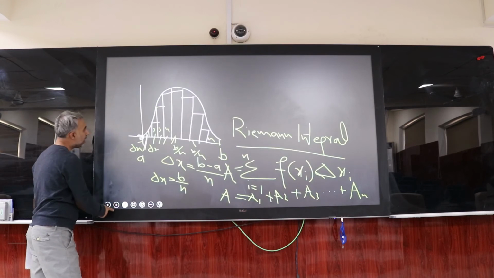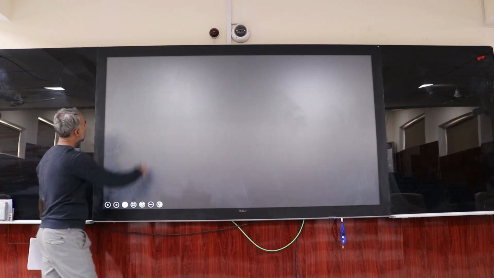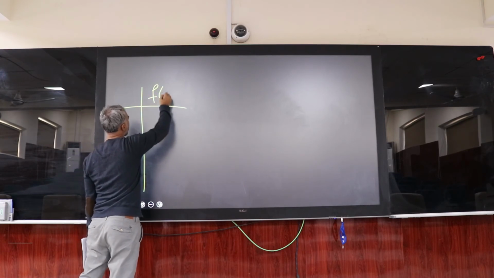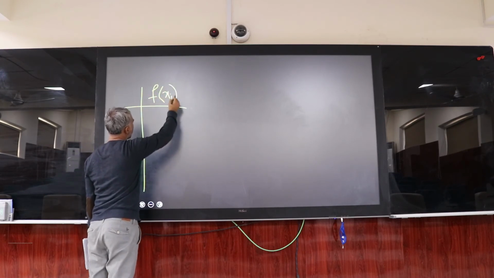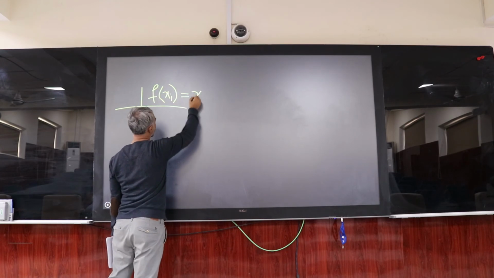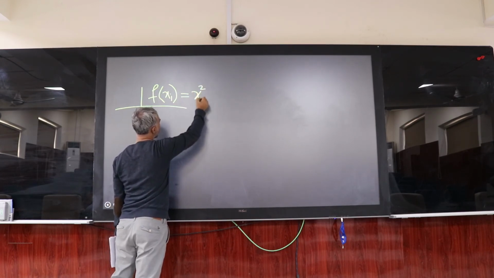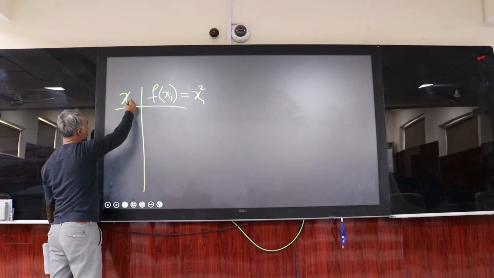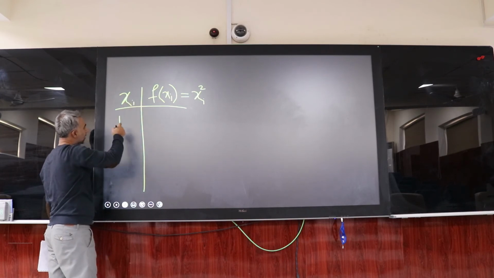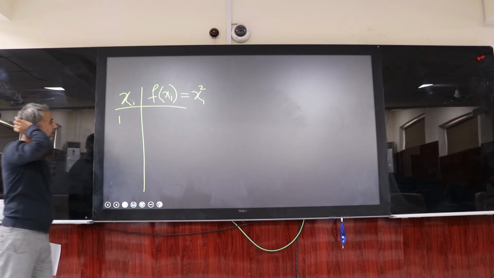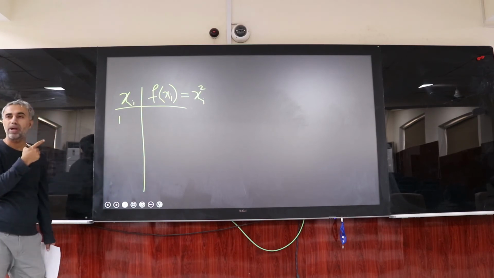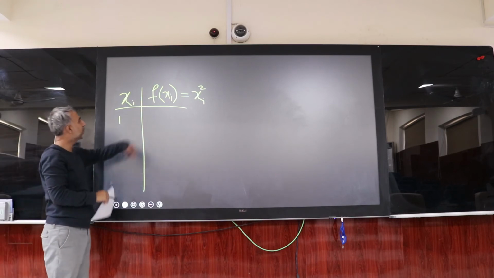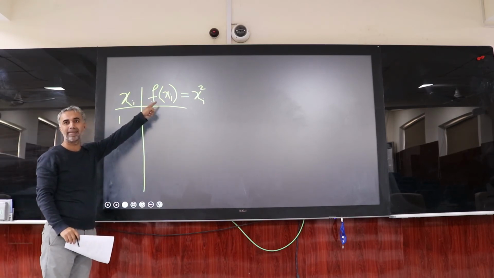We want to make a table for this formation of rectangles. Here I am talking about the height, because height is a function of x.